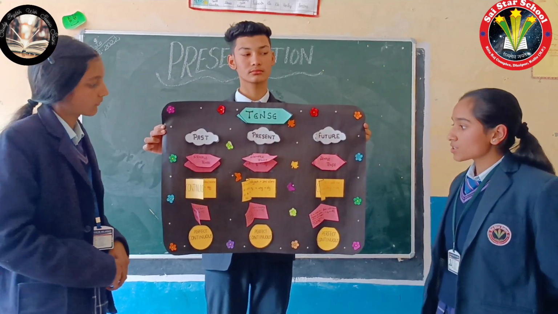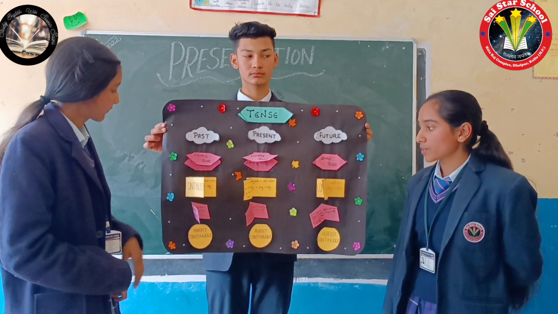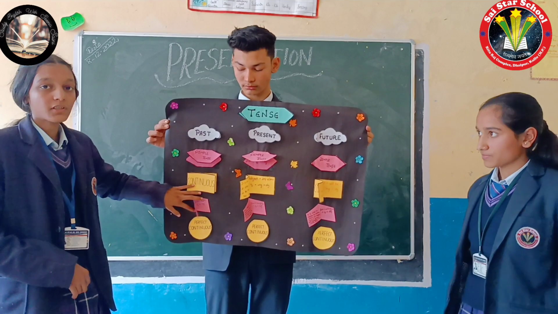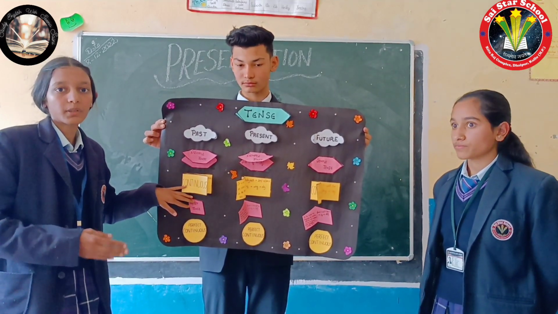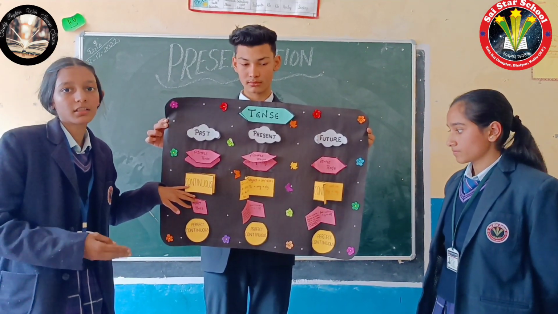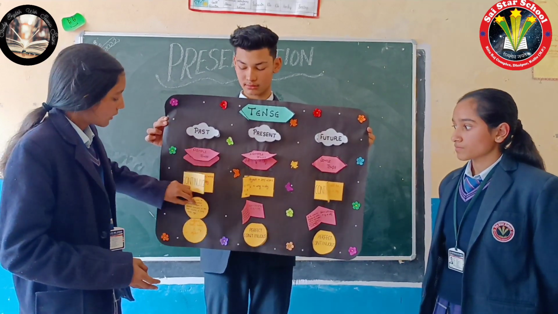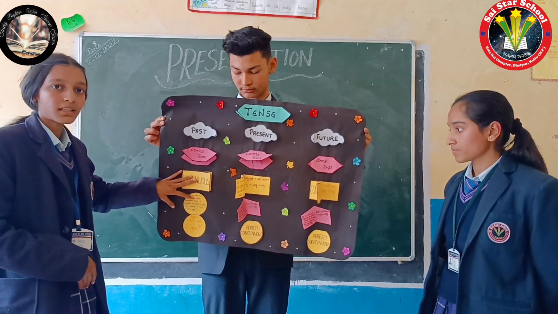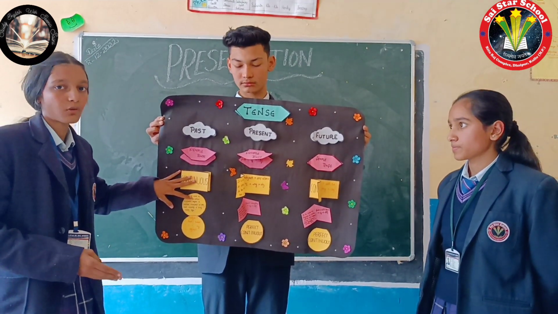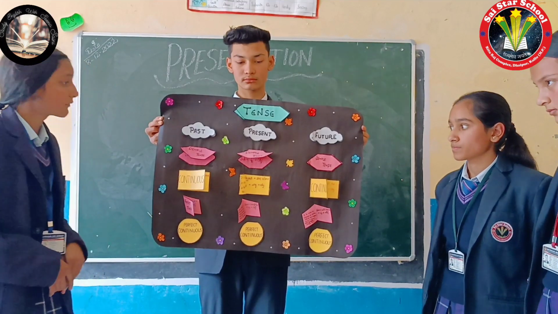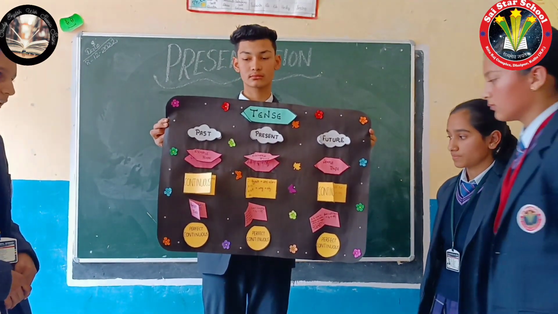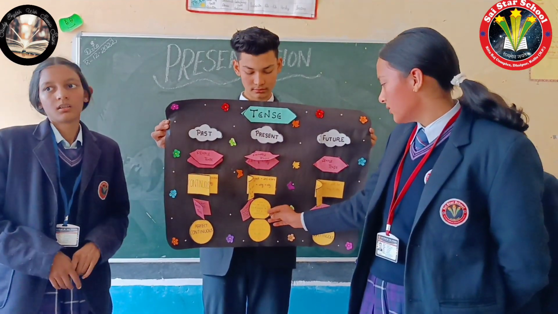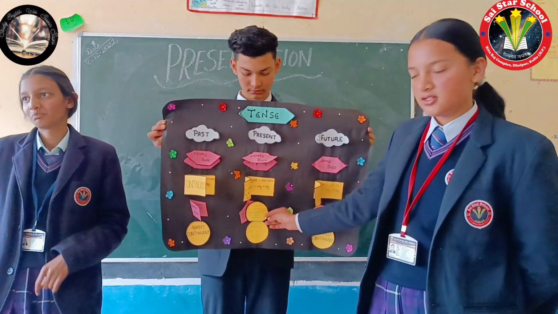So, perfect tense is over, and now let's start perfect continuous tense. Why not? Past perfect continuous tense is used to denote a completed moment at a time and a year ago. And the formula of past perfect continuous tense is subject plus had been plus verb plus ing plus object. Now, Sheetal, can you tell us what is present perfect continuous tense? Present perfect continuous tense is used to show the action which started in the past and is still continuing.